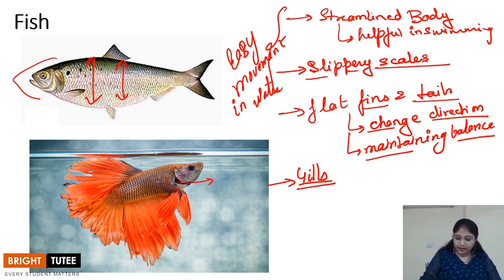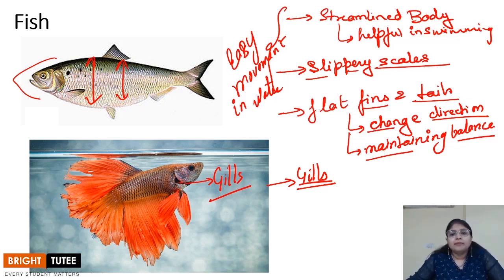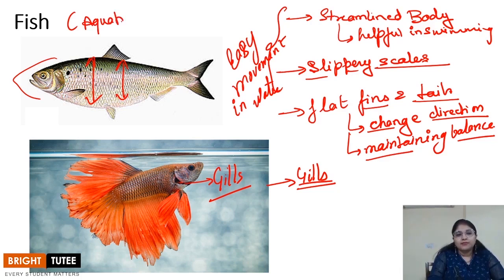This part over here contains gills, and these are the respiratory organs which allow the exchange of gases. So this is how the fishes obtain the oxygen that is dissolved in the water. In this way we see how certain features of camel help them in survival in desert, whereas these help the fishes in survival in the aquatic environment, that means inside the water.